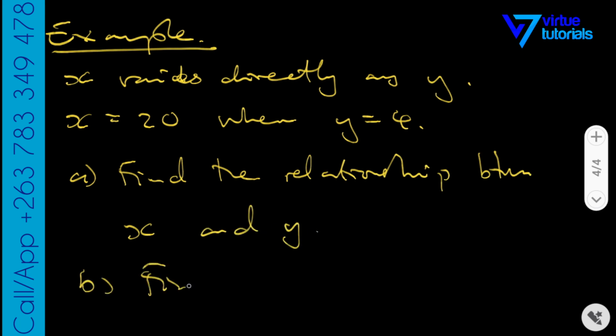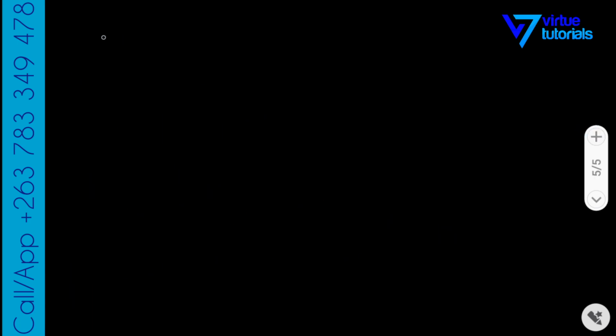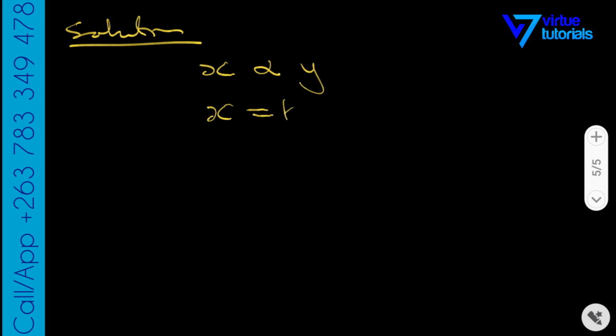B, find x when y is equal to 3. Okay, so what do we know? X varies directly as y, so we can write that in our solution, right? X varies directly as y, but we can remove the variation sign, put an equal sign and a constant, right? Now, for me to actually find the relationship, I need the actual numerical value of the constant. So how do I do that?